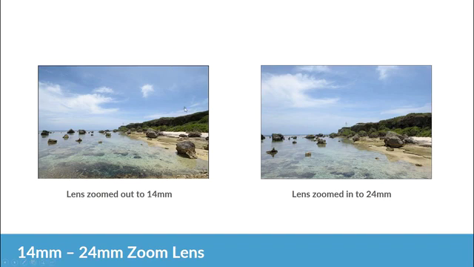We're losing this part of the photograph when we have a look at the 24 millimeter, and these are things to be aware of when you are taking photographs with zoom lenses. You don't want to accidentally cut out something from the photograph that you wanted to include. So always be sure when you are looking through your camera's viewfinder or on the camera's LCD that you check the edges of the frame as well.